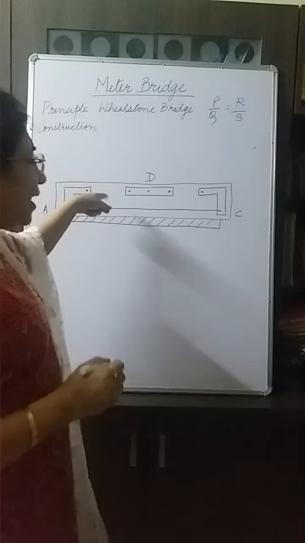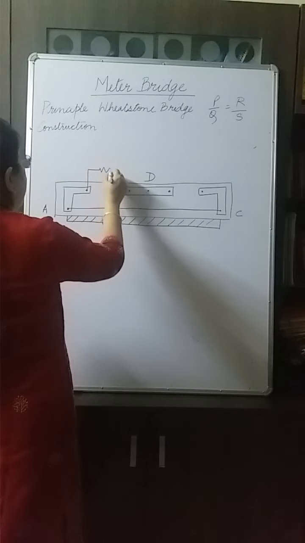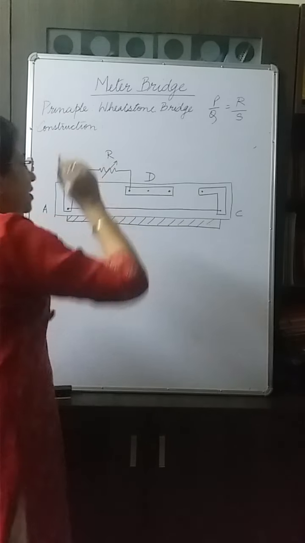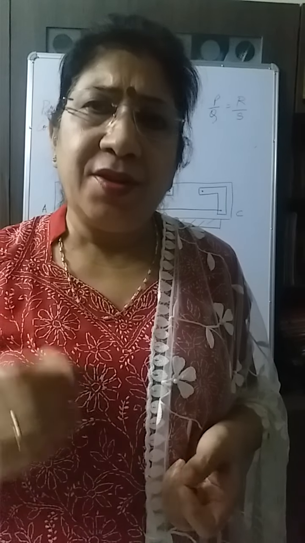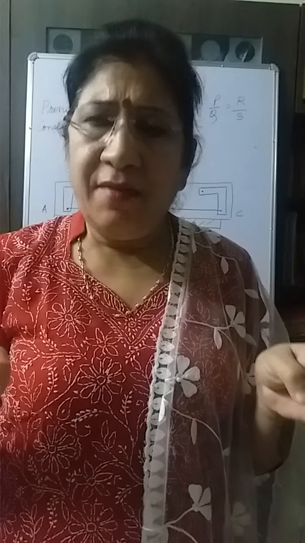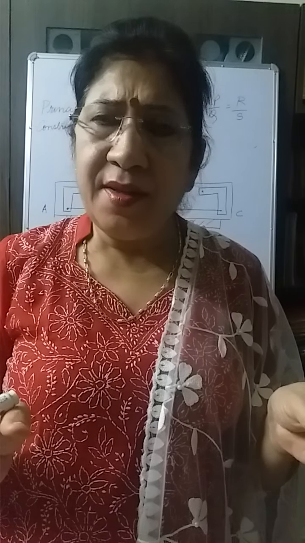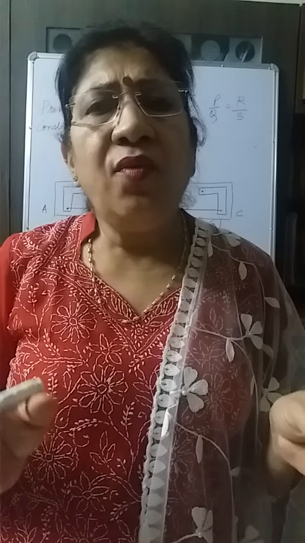In the left hand side gap, a resistance box is fixed. Resistance box is a device in which there are many resistances attached. Whatever resistance we require, we can use it. So it is basically a variable resistance.